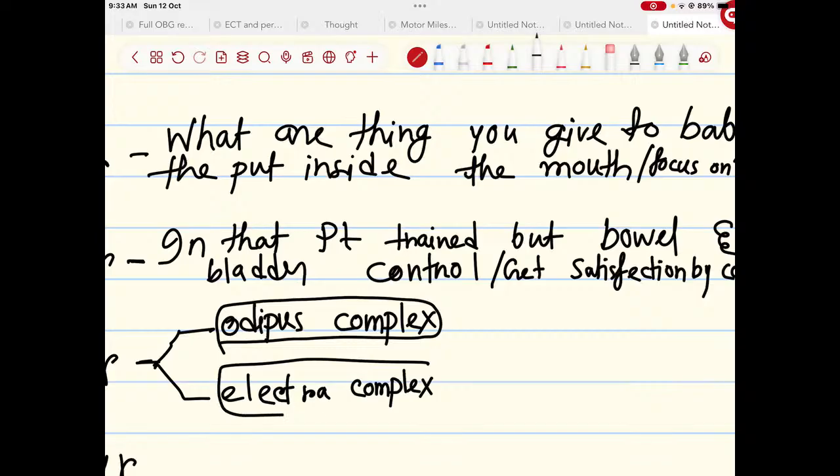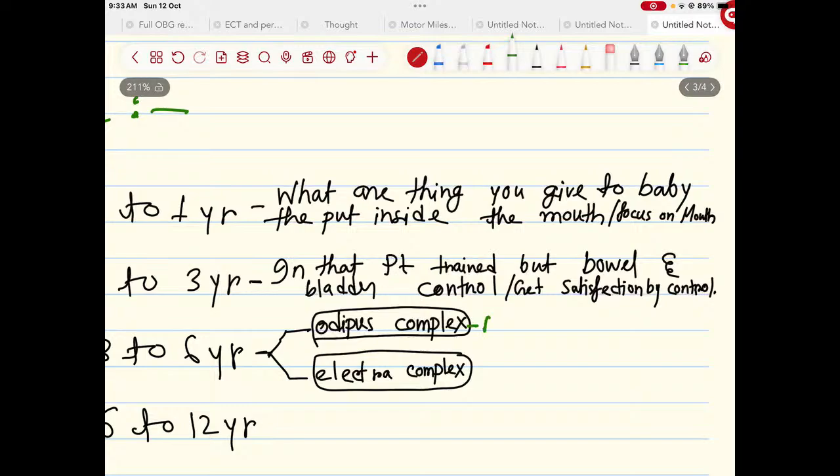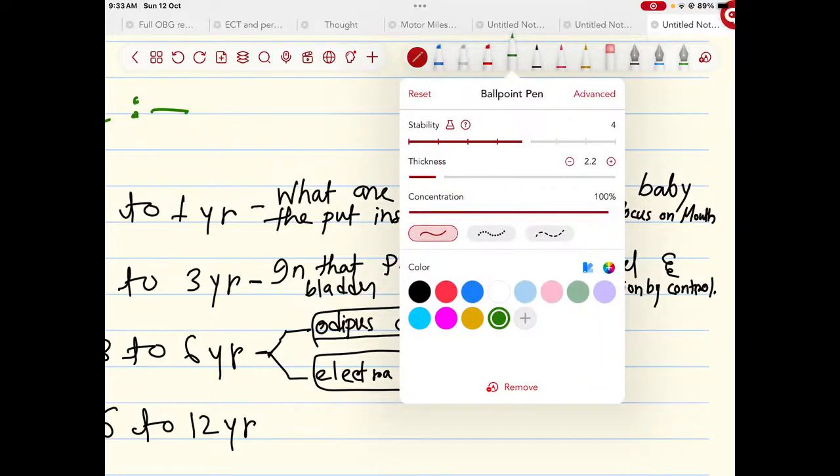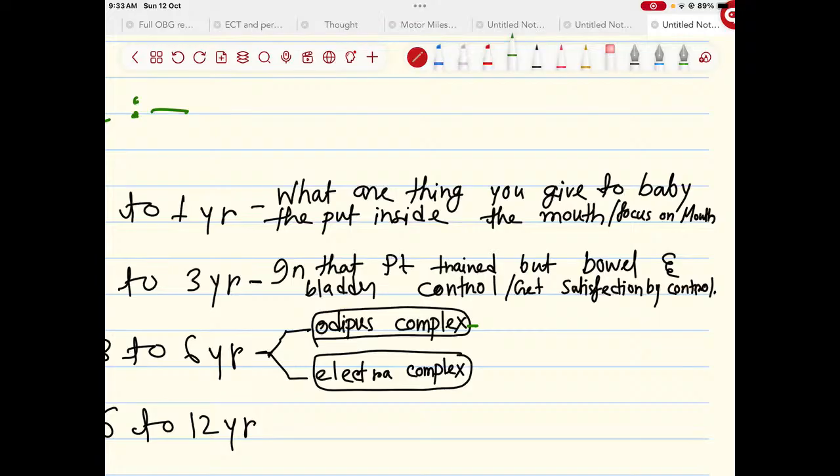What is the meaning of these two words? Anybody know? Okay, I'll tell. So Oedipus complex means a male baby attached to their mother, and the Electra complex, a female girl attached to her father.